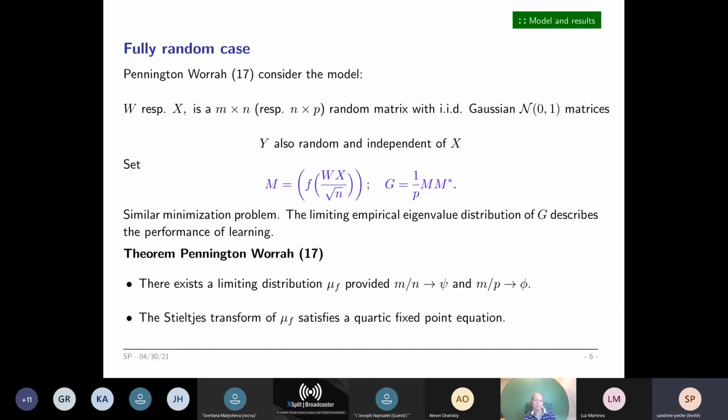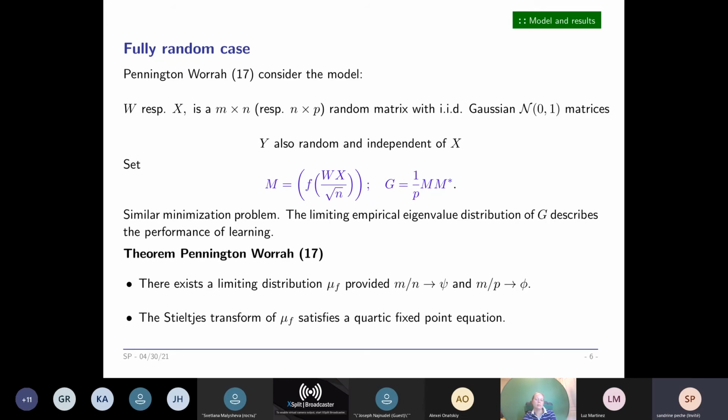And with the same minimization problem as that in Louart-Liao-Couillet, we have the same result, which states that if we are interested in the error we make in using linear interpolation, then what is important is the limiting empirical eigenvalue distribution of this matrix G.